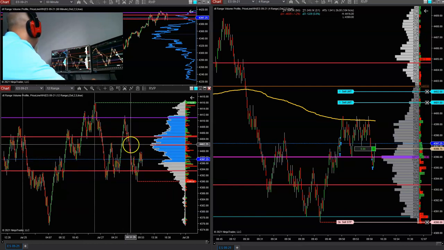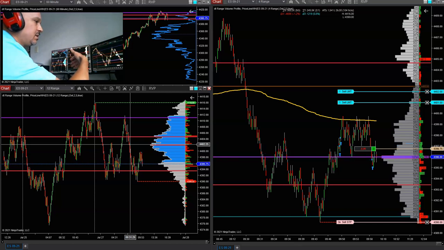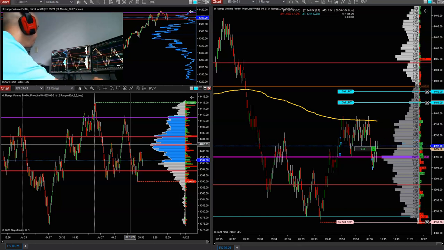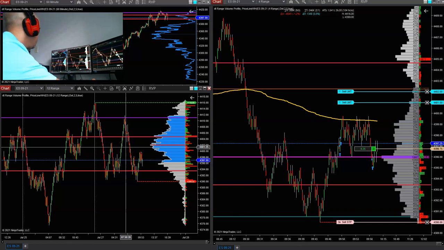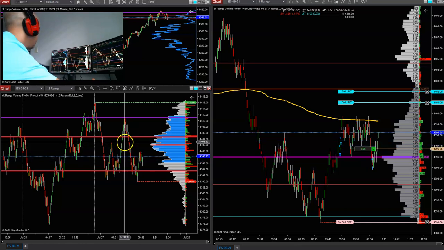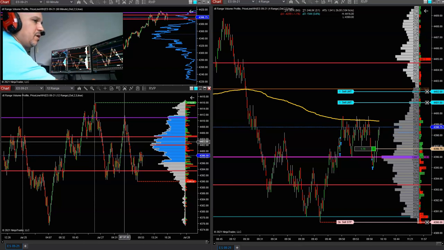In trading, you've got to look at the ratio of risk to reward, as far as what price is actually going to do. You have to understand this by looking at market structure and price action. So I see what's above me here, and the strong possibility that price is going to at least come up and test 4403 or 4402, somewhere between there.